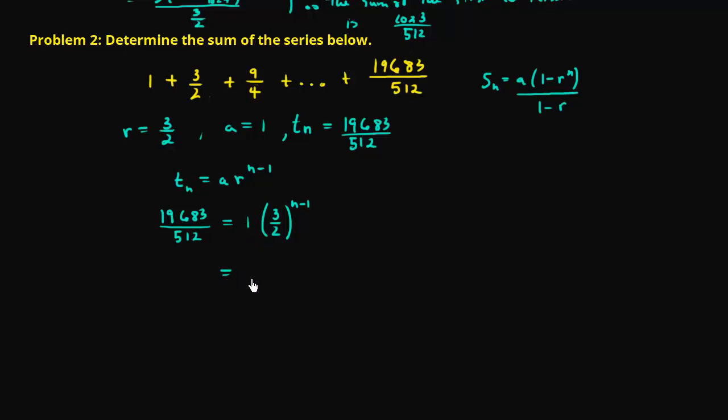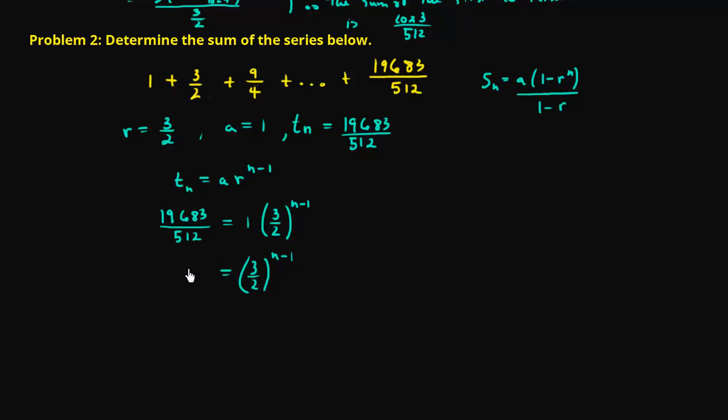So in order to solve this equation, I've got 3/2 to the power of n minus 1. I want to try writing the right side so that it has the same base as the left side, which has base 3/2.